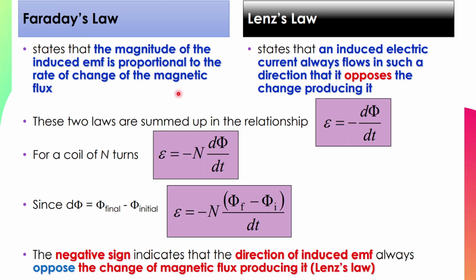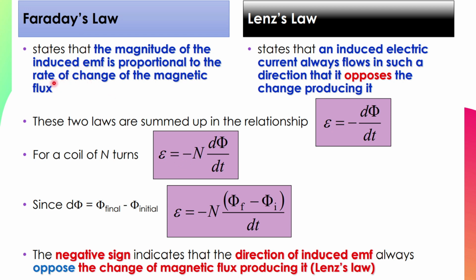Okay, look at here. We just want to recall about Faraday's Law and Lenz's Law. So Faraday's Law states that the magnitude of the induced EMF, this is the symbol for the induced EMF, is proportional, berkadar terus, to the rate of change.